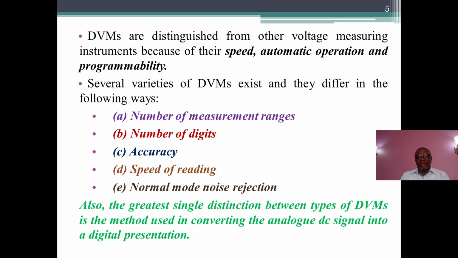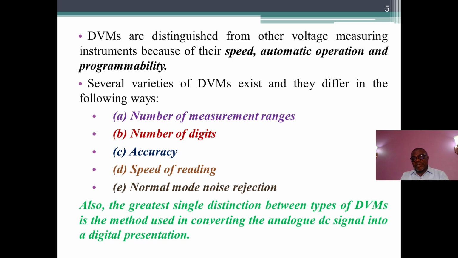When we talk of noise, you may have disturbances in the signal you're measuring. The DVM will be able to reject that noise. By noise here, we mean unwanted signal.